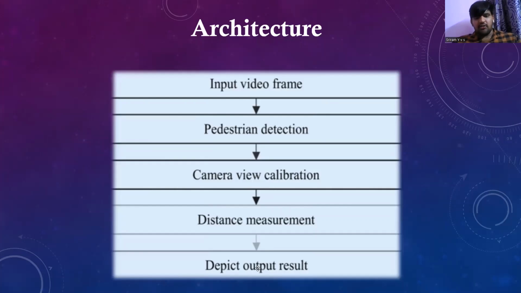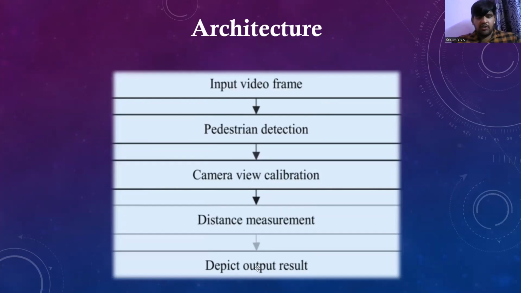As the name suggests, the algorithm identifies human beings based on certain characteristics of the human, for which we may need to give the full-length profile of the person for detection. And later, it tries to analyze the view of the camera so that it can correctly measure the distance between the people.